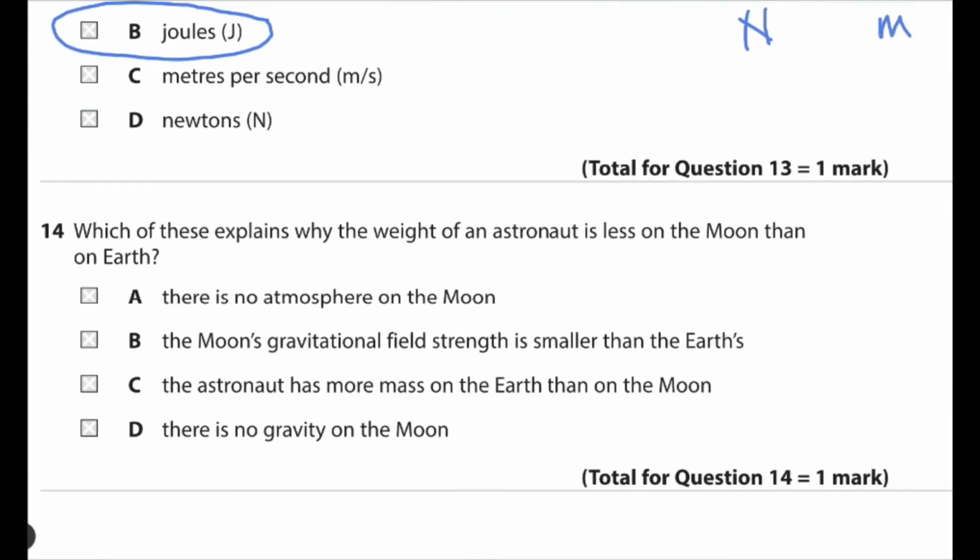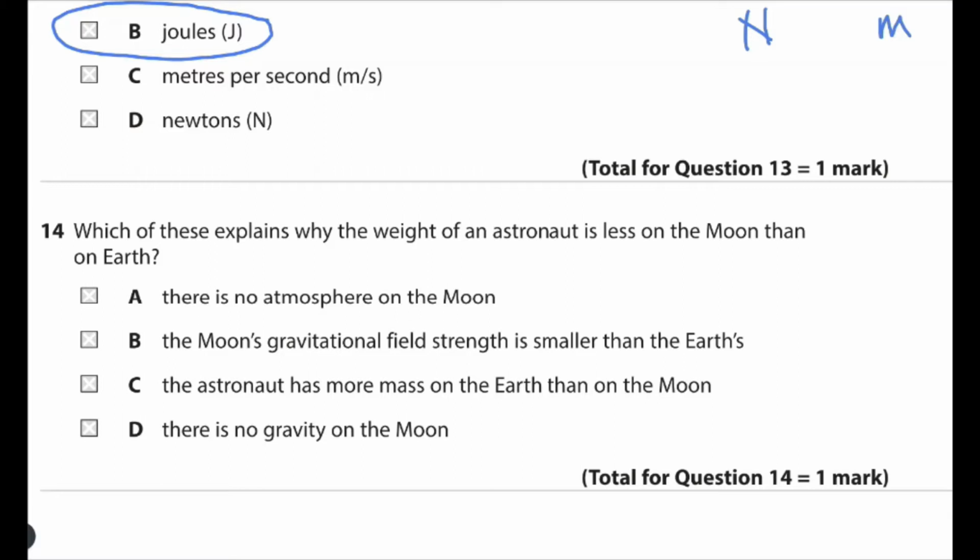14th one: which of these explains why the weight of an astronaut is less on the moon than the earth? The first point says there is no atmosphere on the moon. Second, the moon's gravitational field strength is smaller than the earth's. Third, the astronaut has more mass on earth. But mass cannot change depending on the surface; it just depends on the object itself.